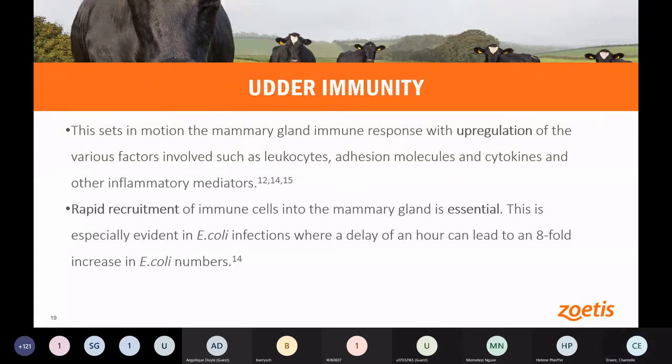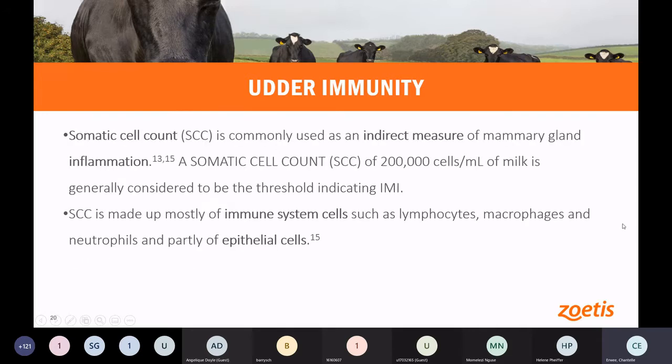So that delay can be anything from just inherent in the genetic makeup of the animal, that they're just slower responders in terms of the immune system. But it can also be that the animal might be immunosuppressed, as we often see around the time of calving. All right, so many factors can influence this rapid recruitment of the immune cells into the mammary gland.